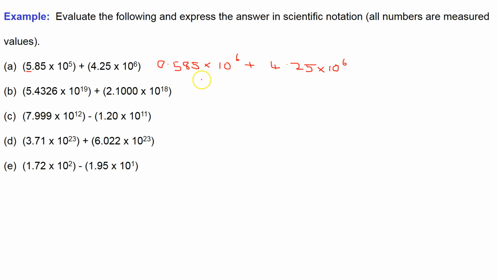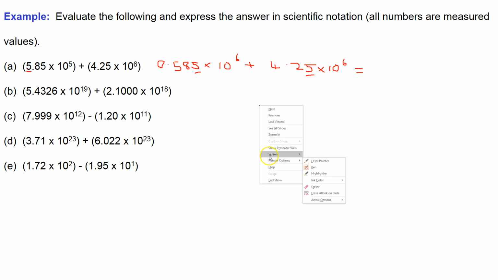So when I look at this and think about the uncertainty, this one has uncertainty out to 0.001, and this one has uncertainty out to 0.01. So when I write the answer for this, I'm going to write it out to 0.01 by 10 to the 6. All I have to do is 0.585 plus 4.25 by 10 to the 6, and I'm going to cut it off at the second digit after the decimal place.